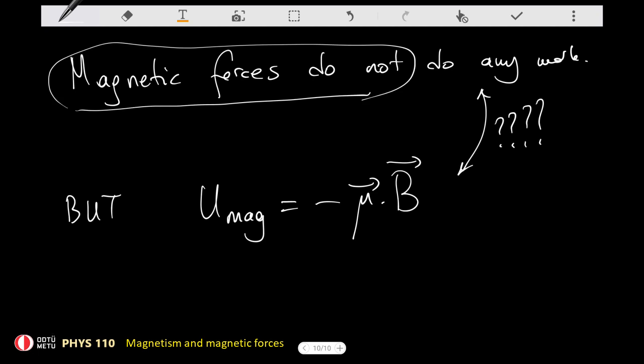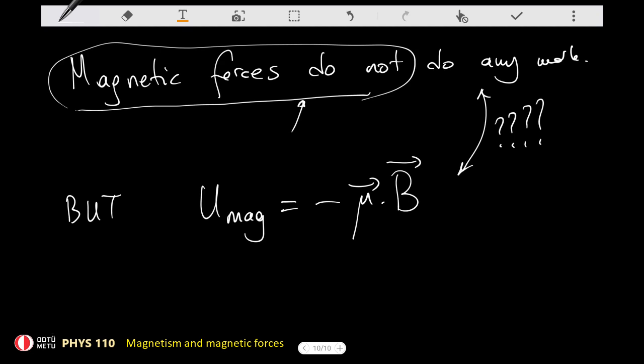In any case, I'm going to give the answer like that, but I cannot give the full answer right now. What we have said when we talked about the magnetic forces is that the magnetic forces cannot directly exchange energy with the charged particles. That's the key word in there. So the magnetic forces can actually exchange energy, but we are going to see this later.